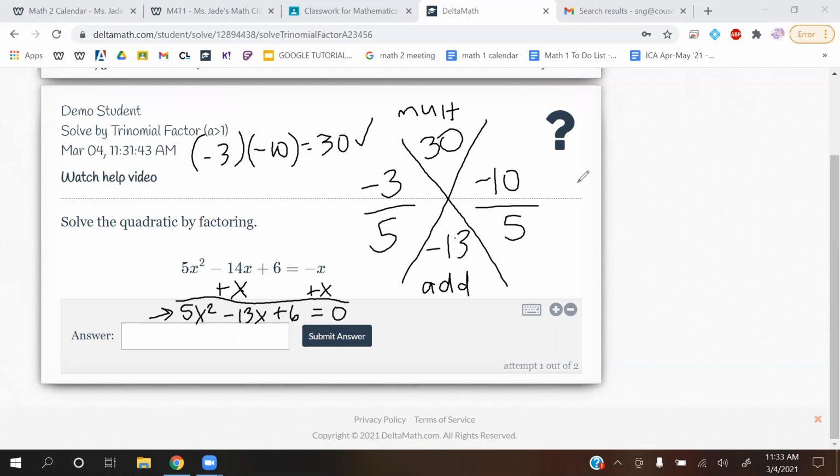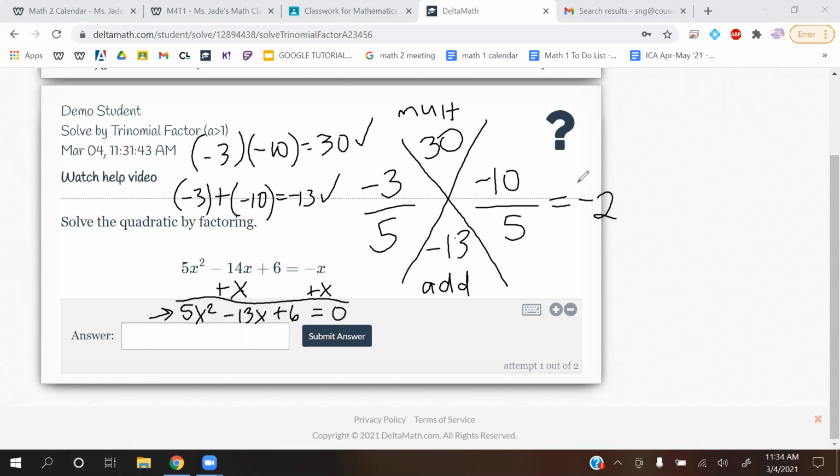So that works. And then negative 3 plus negative 10 gives us negative 13. So that works as well. All right, so now that we have our fractions, let's simplify them. This one is as simplified as it gets, so I'm just going to leave it as is. But the negative 10 over 5, we can simplify that one into being negative 2.